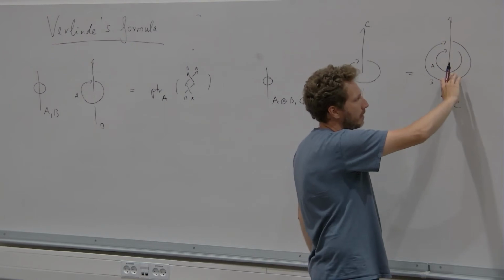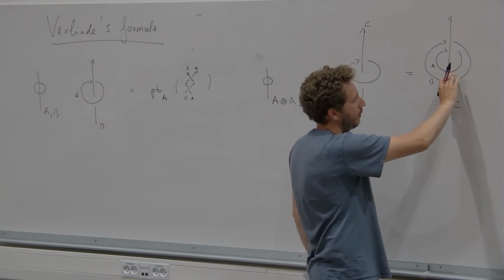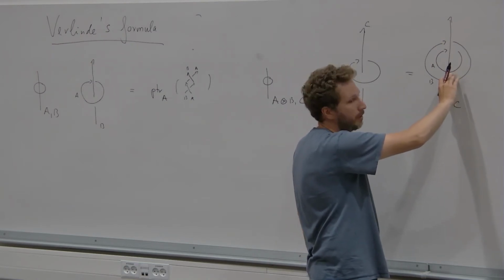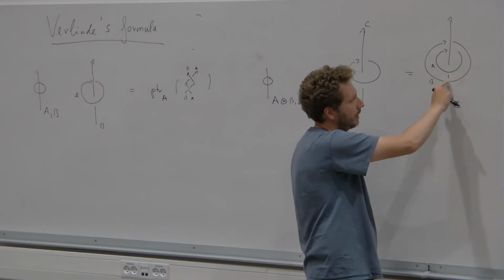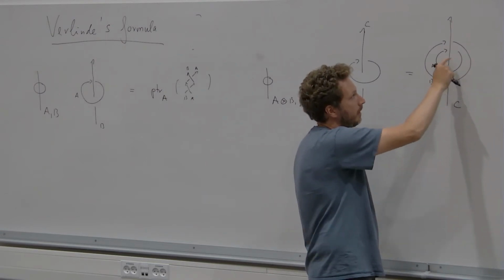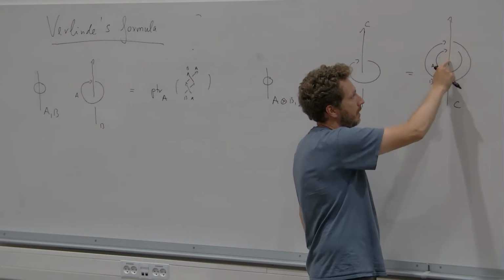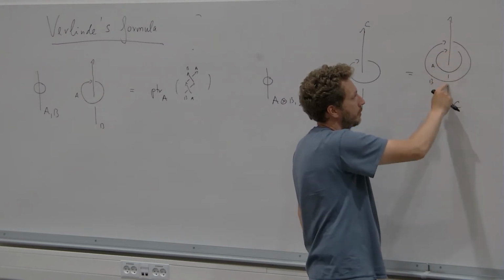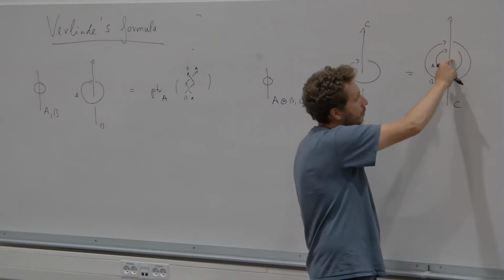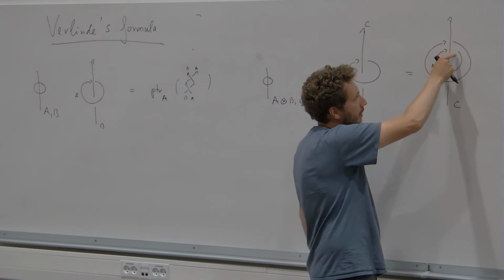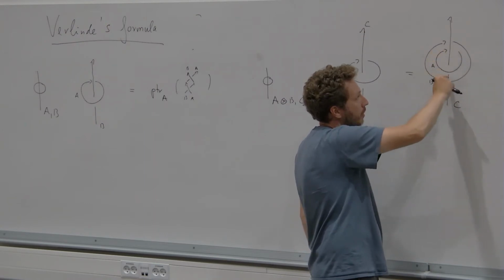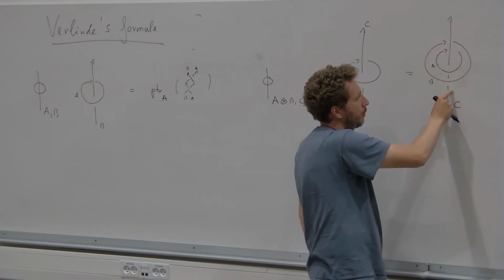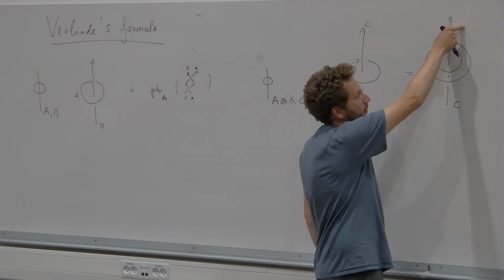Braiding is a natural family of morphisms. That means it commutes with any morphism. In particular, it commutes with the braiding here. And same here, this braiding here, it commutes also with this braiding here. So I can move this complete smaller open Hopf-link through here. I could equivalently move it through here.